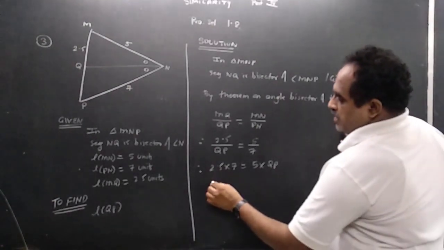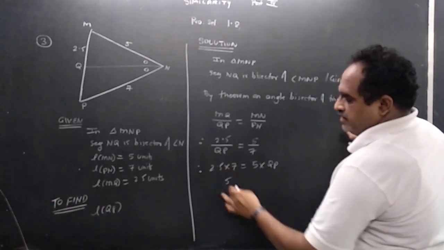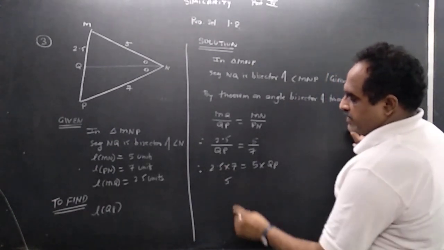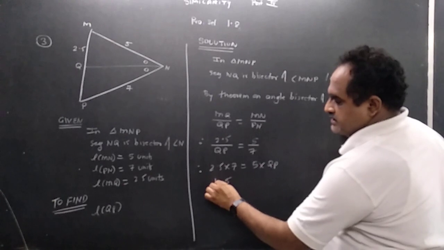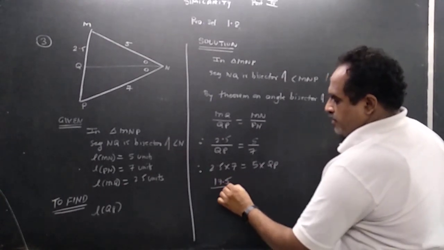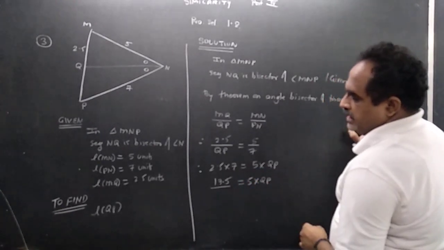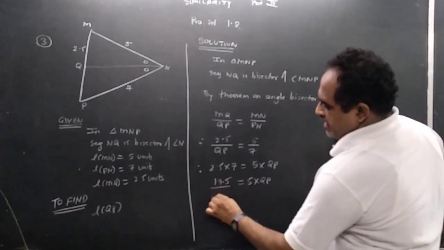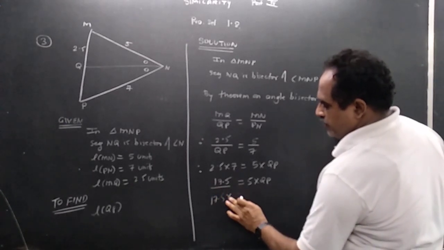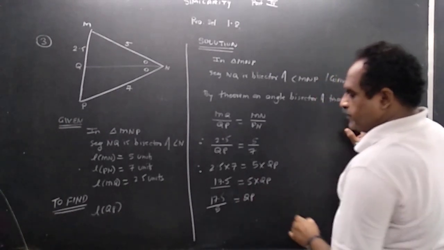So 35, then 5 sevens are 35, 7 times 2 is 14, 14 plus 3 is 17.5, is equal to 5 into QP. So 17.5 upon 5 is equal to QP.